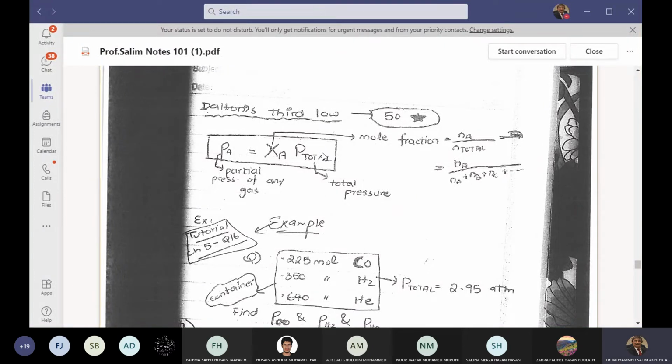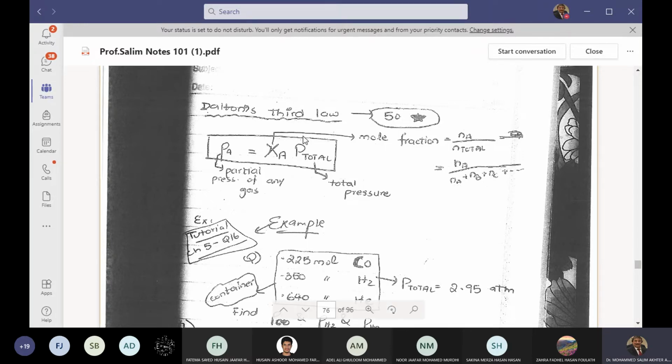But if somebody asks me what is the partial pressure of oxygen gas, nitrogen gas, or CO2 gas in this air, that one I want to tell you.